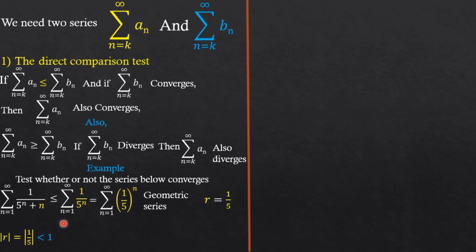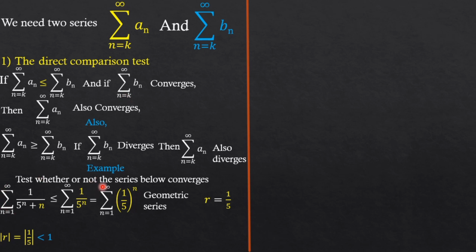Great. In the same way, when this series converges, it therefore means that our original series, we can clearly see, is less than this series. And this series converges. It's the same thing we did here: that if an is less than bn, and if bn converges, therefore an also has to converge.